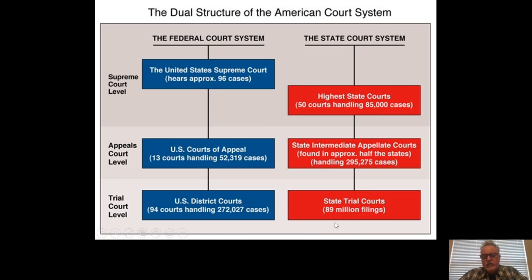But let's say an individual kidnaps somebody and goes across state lines. It's possible it would be heard in a federal court of original jurisdiction, in a federal district court. But most likely the FBI would send the individual back to a state trial court to be heard.